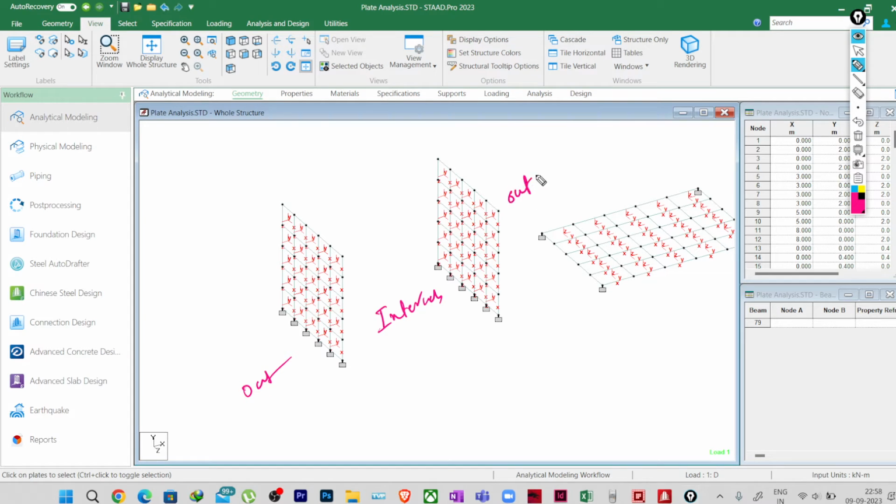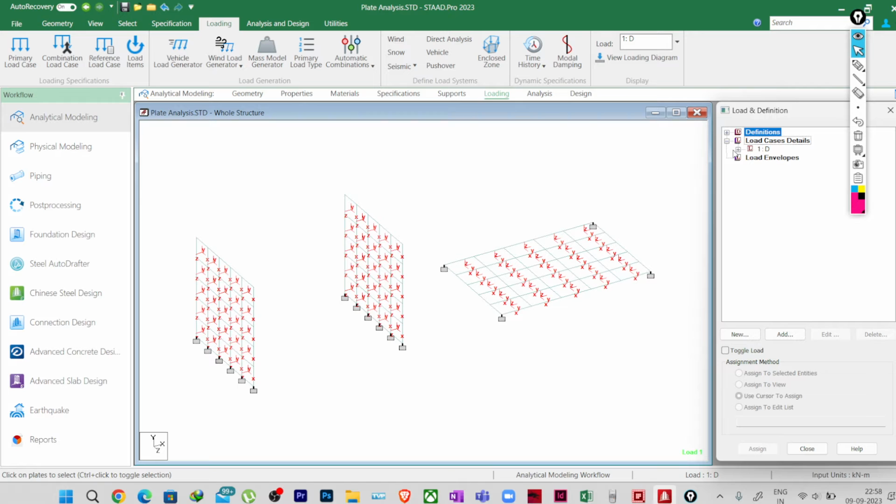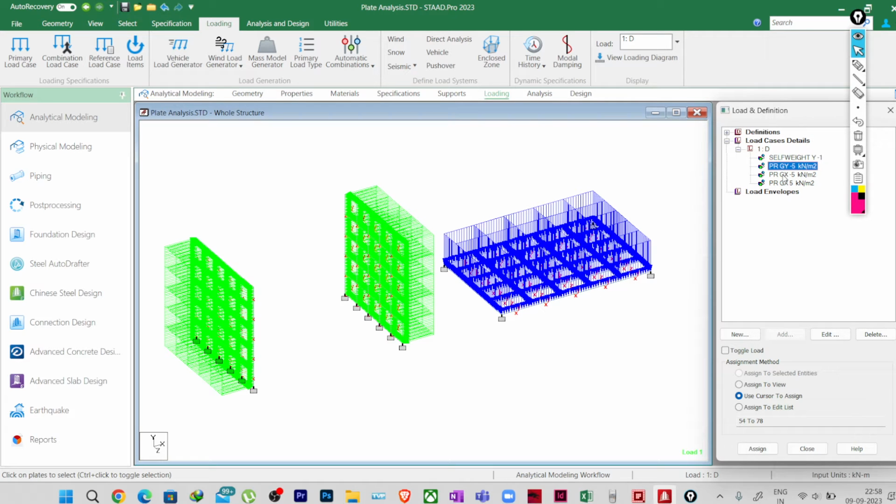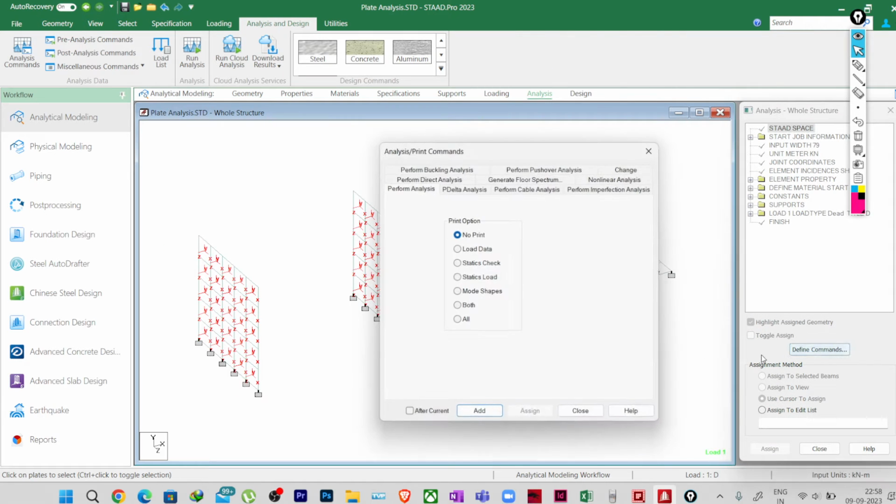For this plate Z is outward, for this plate Z is inward, correct? Now if I want to see the moment, suppose I have applied some uniform lateral load on the wall. Now I will analyze it once.